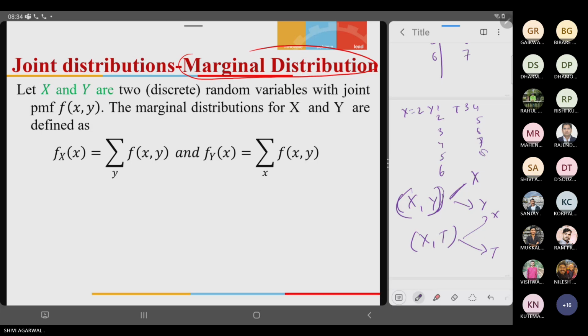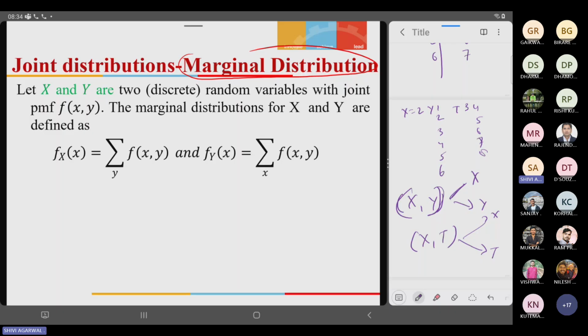So a two-dimensional random variable we can transform into a one-dimensional random variable, and whatever we have done in chapter 4 and chapter 5 we can apply, and then we can find out different types of probabilities. So that is the benefit in the joint, that we can go for the projection and find out every piece of information about x alone, meaning there is no effect of y.